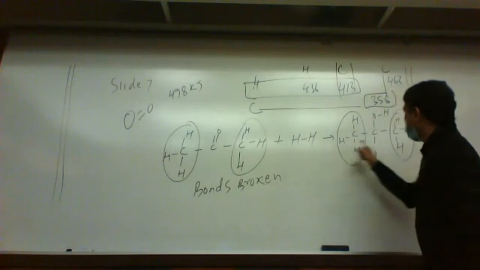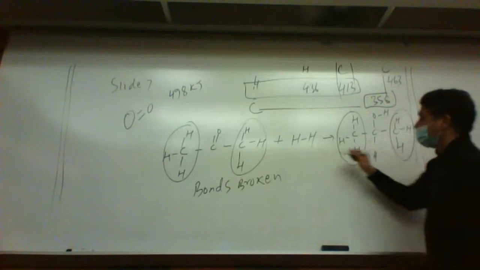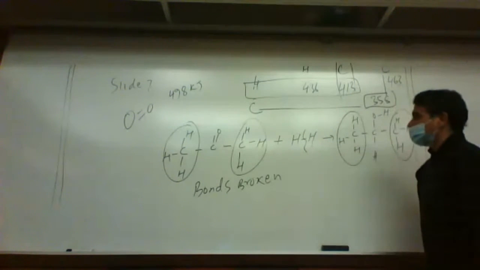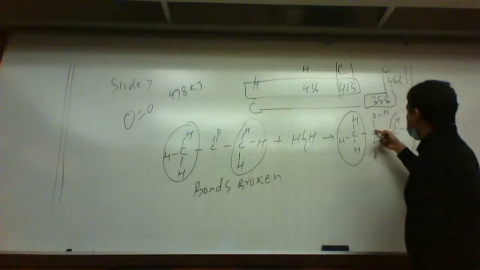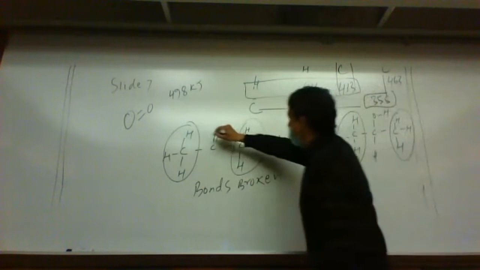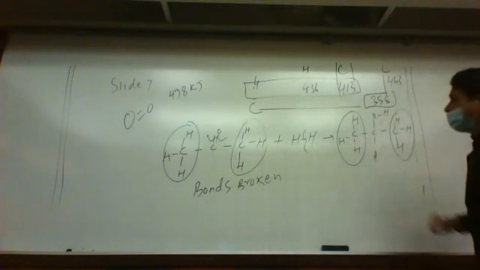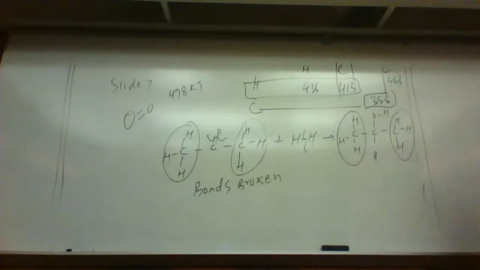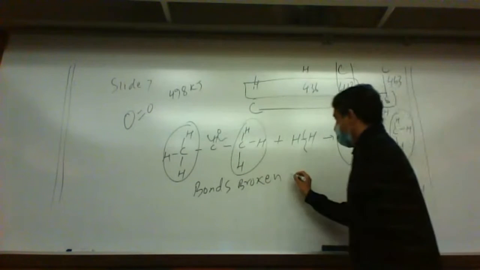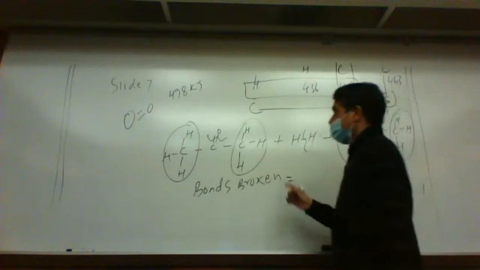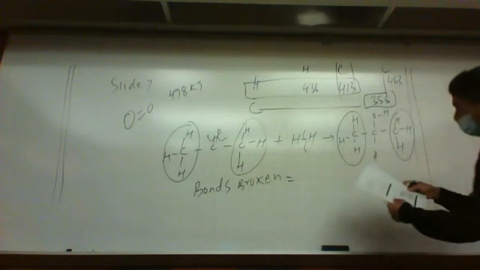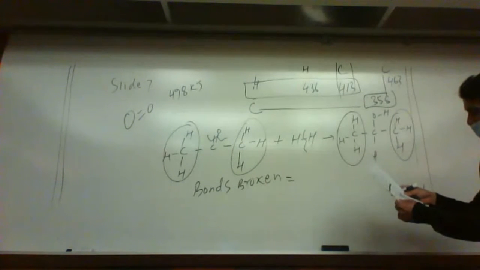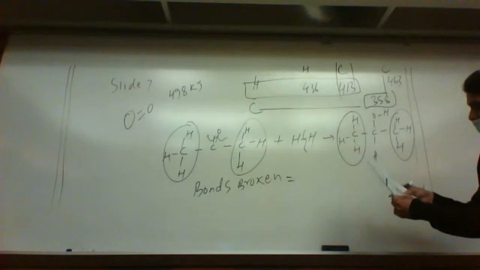But we have this one, but this one is not on this side, so definitely we break this bond. And here is a C double bond O, here is a C single bond O. Definitely this is broken here, and this is formed here. So let's calculate the bonds broken. What is the C double bond O? If you look there, C double bond O is 745.